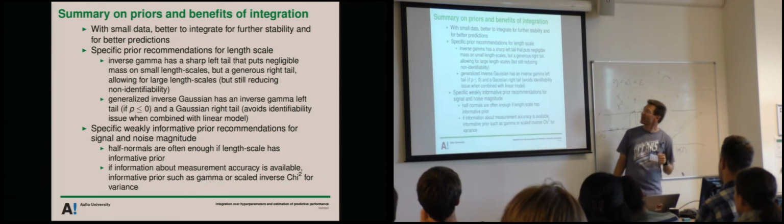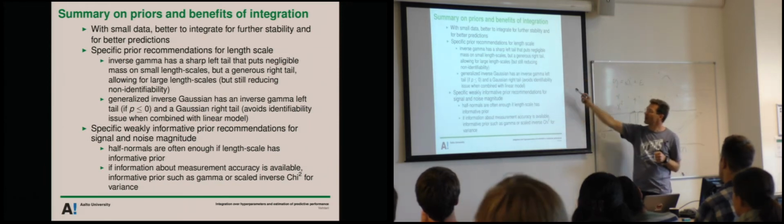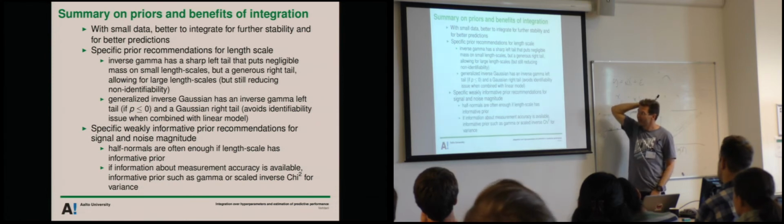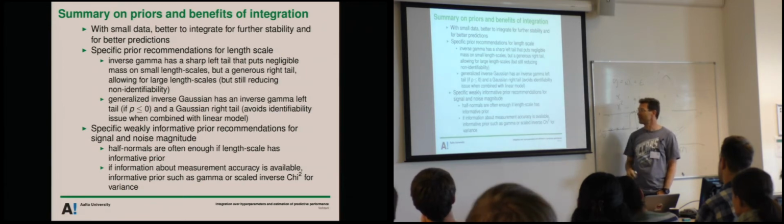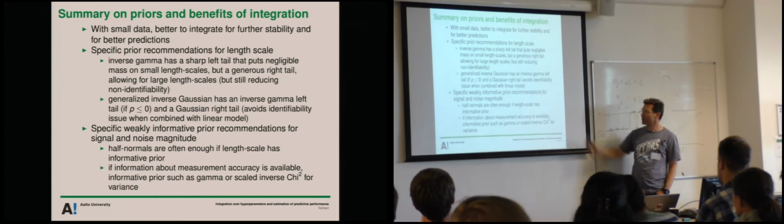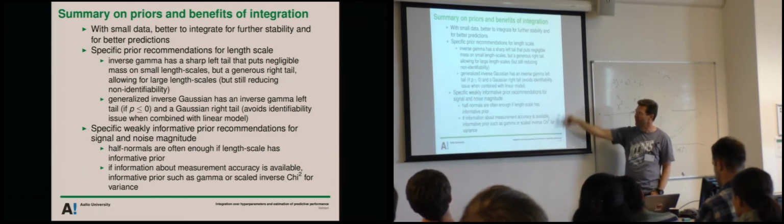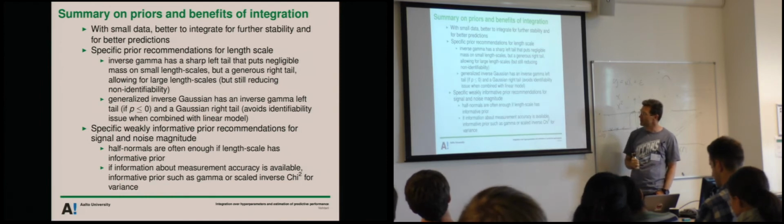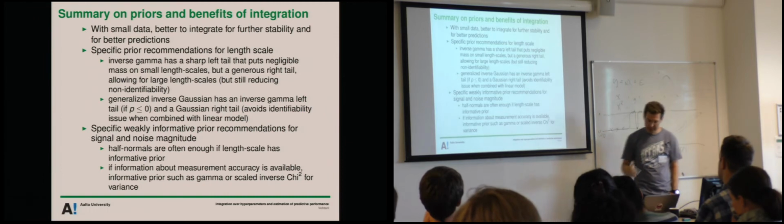And if you have the length scale covered, then currently we are recommending half normals for the signal magnitude and noise magnitude, not on the variance, but on the standard deviation scale. And of course, if you have information on the measurement accuracy, you should use it, and then you can use these gamma or scaled inverse chi-squared priors.